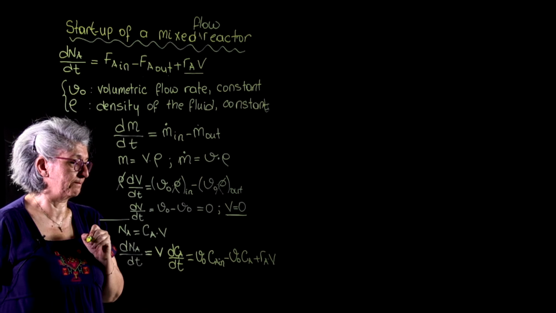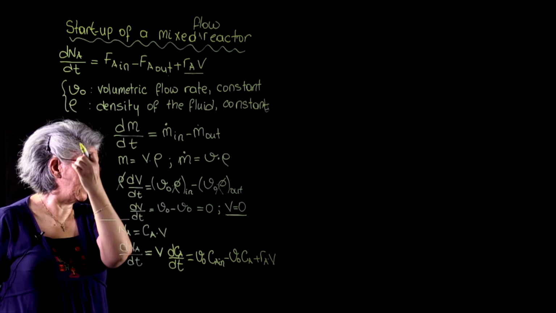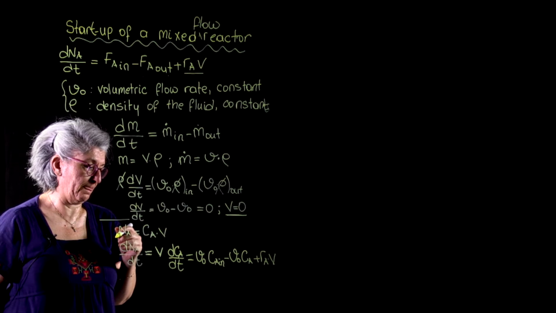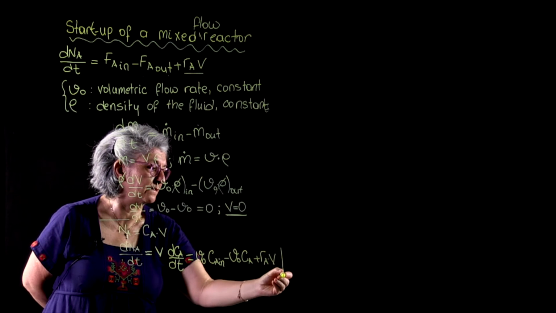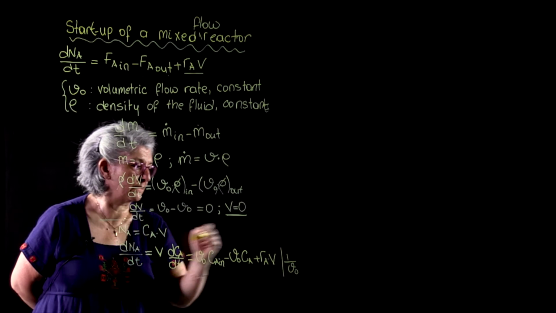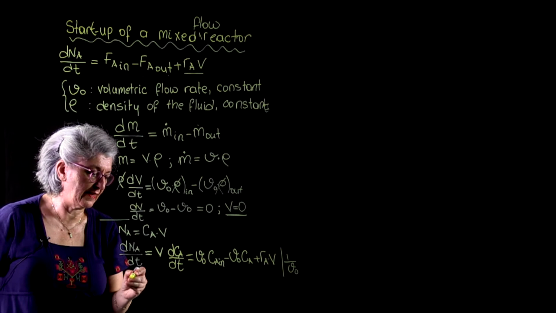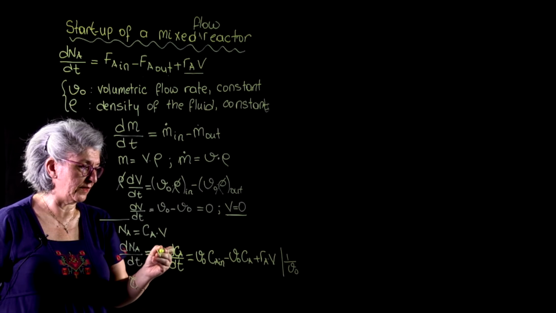Right? So I'm going to divide both sides of this equation by V0 to obtain tau. Remember, tau was V over V0.